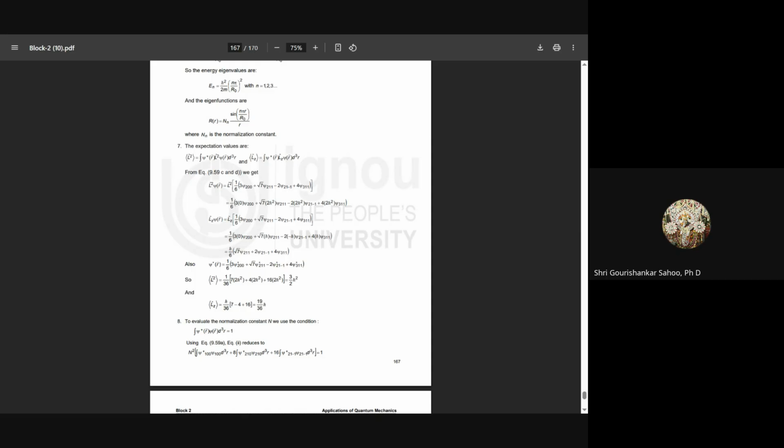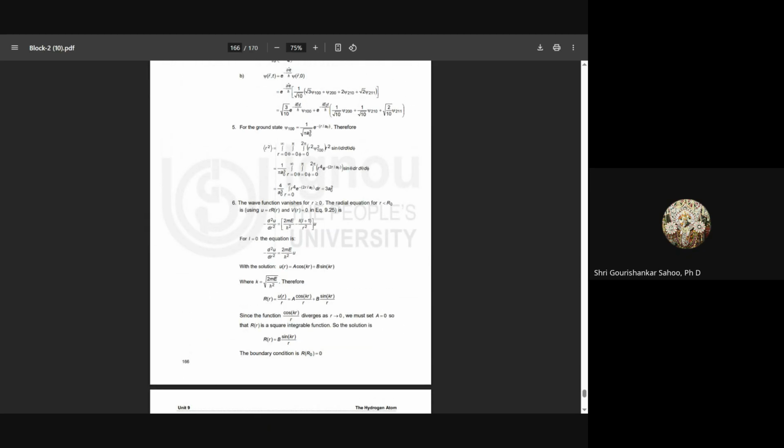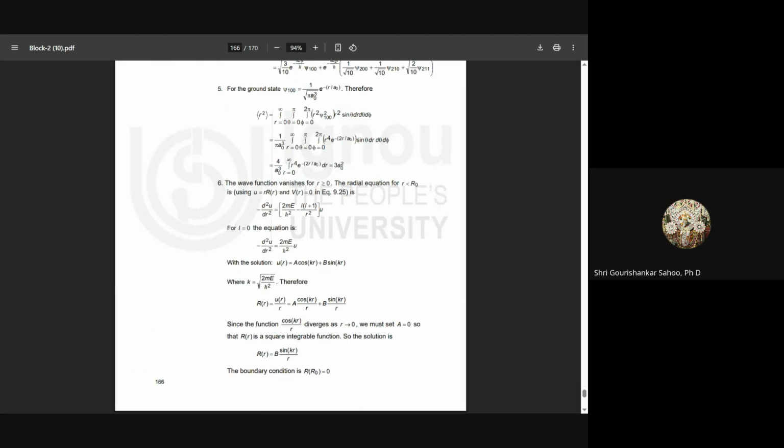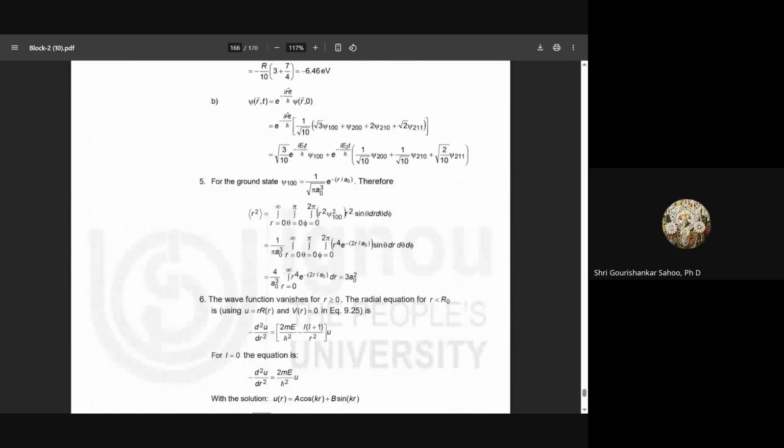Okay, so I think it is clear to you. The hydrogen atom problem we have already discussed. Here you can see the average value of r square for the ground state of the hydrogen atom, evaluated here. I have shown you this earlier also. Psi 100 is equal to 1 by root pi a0 cubed e to the power minus r by a0.